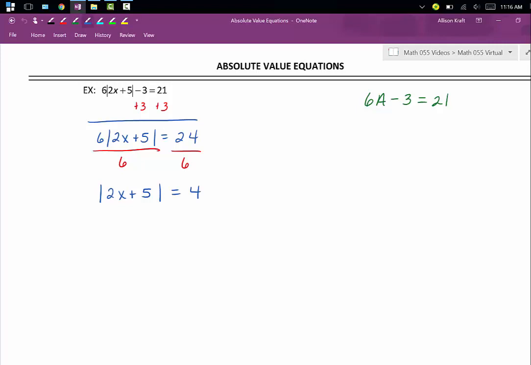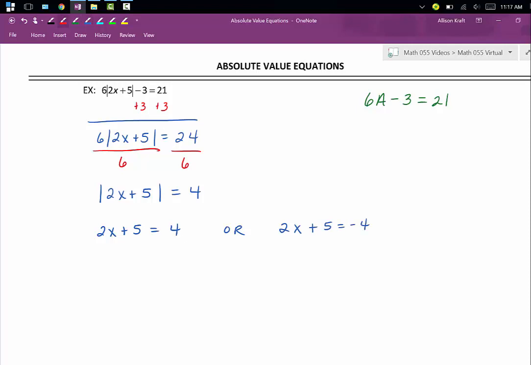Now that we've isolated our absolute value, we want to check and make sure that it's equal to a positive number or 0. It is. Therefore, we can apply our property, which says the stuff inside the absolute value has to be equal to 4, or it could be equal to -4.